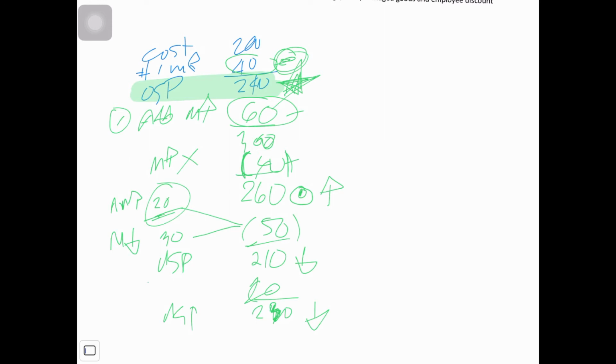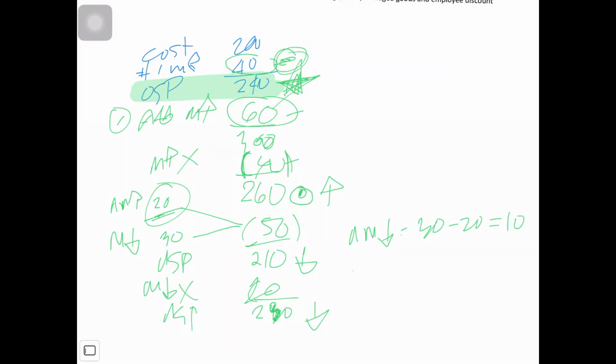So it is an addition but not a markup. It is just a markdown cancellation. So we can also get our net markdown, which is 30 minus 20, equal to 10.